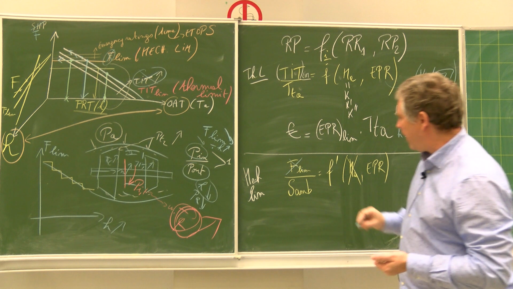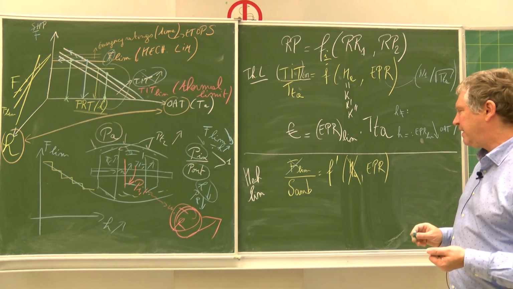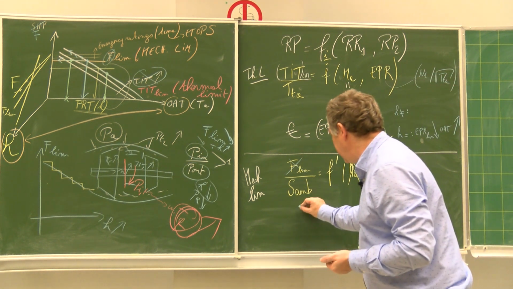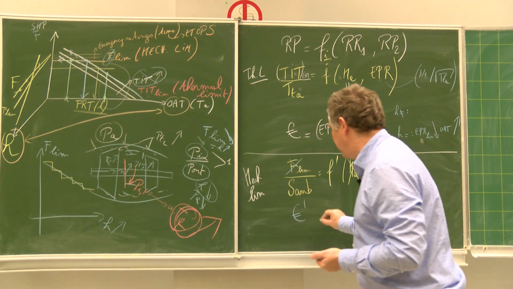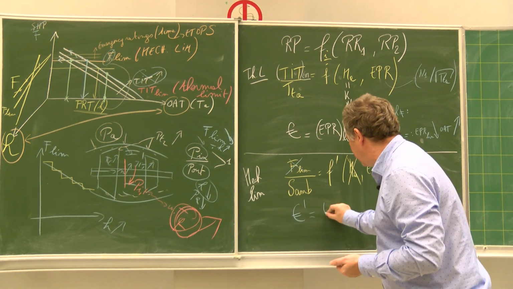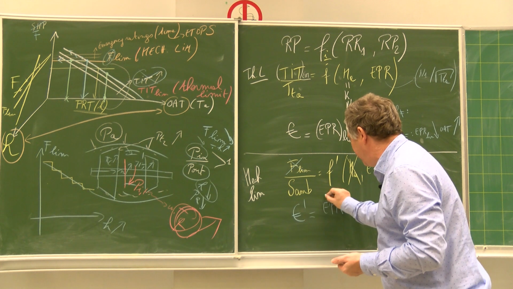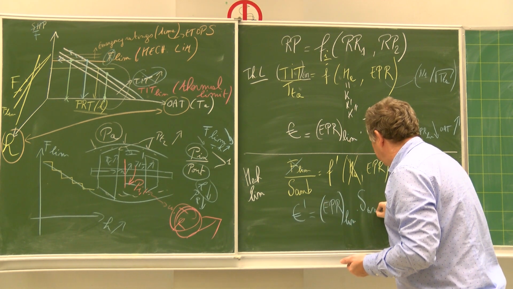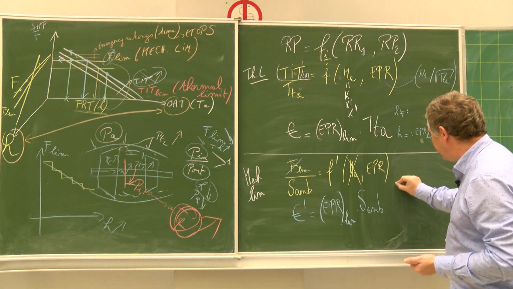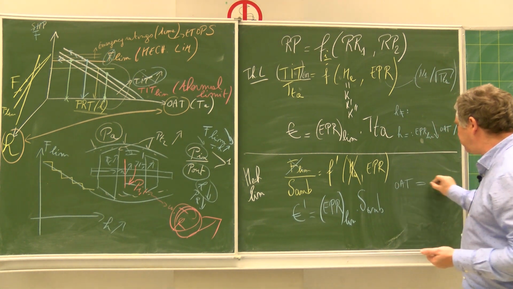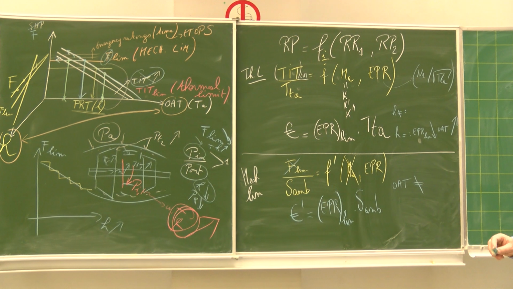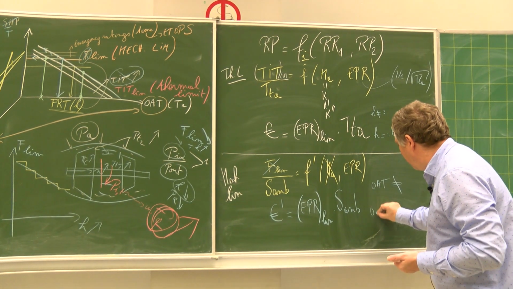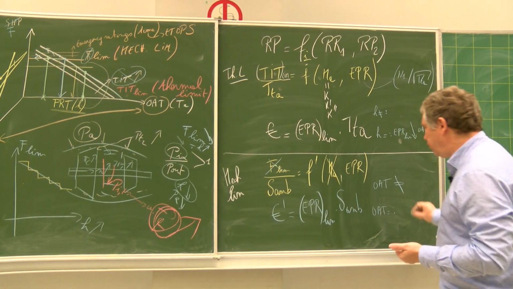This is the limit value. Again, I take this as a constant, and you see that you can say that you have an equation that is a constant is equal to the EPR limit multiplied by delta ambient. We see that the OAT is not playing any role, and at a given OAT, what do you see?